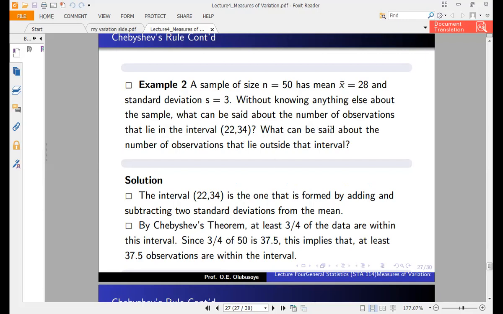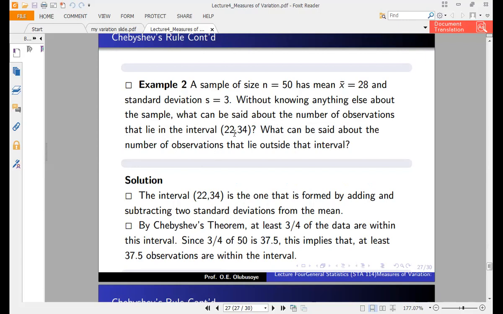That means all I have to do is use Chebyshev's rule that talks about 2 standard deviations. And what was that about? Don't forget, Chebyshev's rule said that if you are making 2 standard deviations to form your range, then 3/4 of your data should lie between the range.